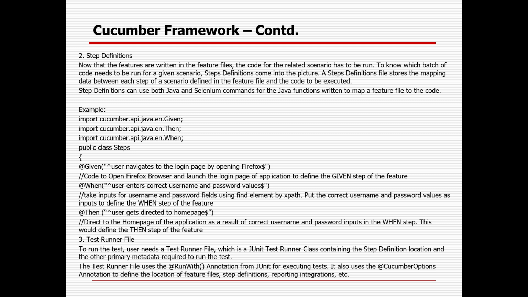To know which batch of code needs to be run for a given scenario, step definition comes into the picture. A step definition file stores the mapping data between each step of a scenario defined in the feature file and the code to be executed. A step definition can use both Java and Selenium commands, a Java function written to map a features file to the code. So that is the way.